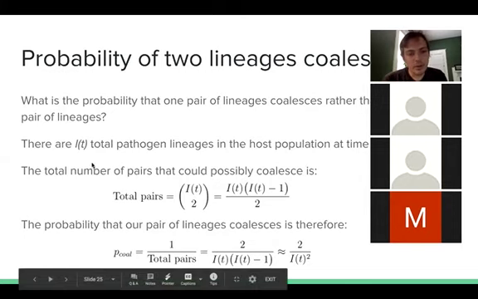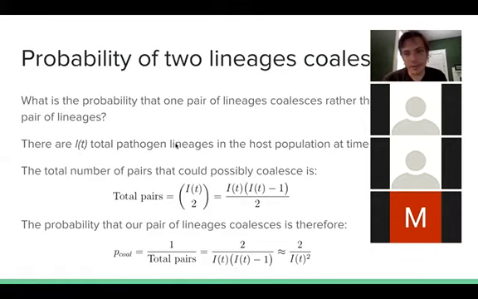So there's a total of I infected individuals, and therefore pathogen lineages, in the host population at a particular time. So then we can compute the total number of pairs of pathogen lineages in the population. And that will just be I choose 2, which is the binomial coefficient. In combinatorics, the binomial coefficient is the way of dividing any number of individuals into a set number of pairs or triples, but we'll just consider pairs here.